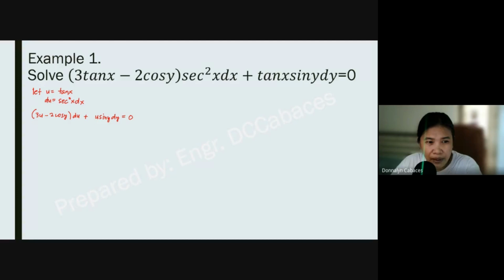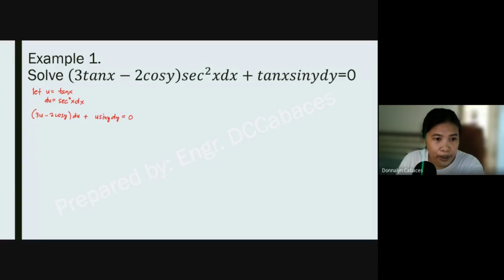Can you separate u from y? Or is it homogeneous? This is not homogeneous. Is this linear? You have here y dy and you have u du, so it is not linear. Is it exact? Then maybe we can test for the exactness.